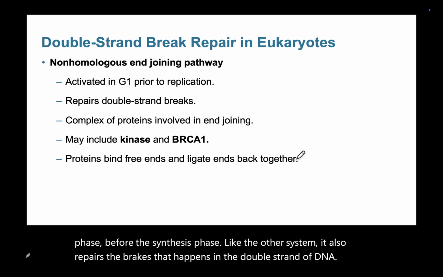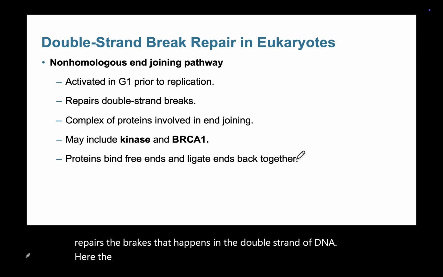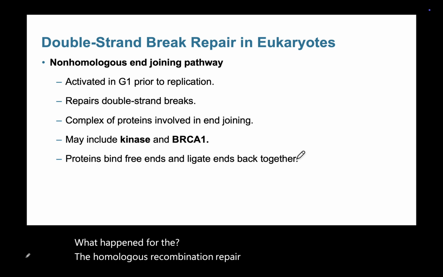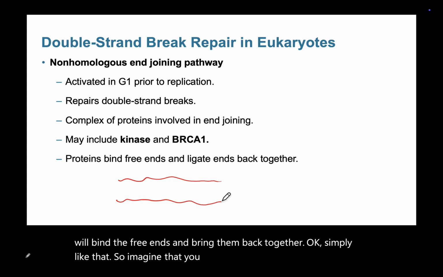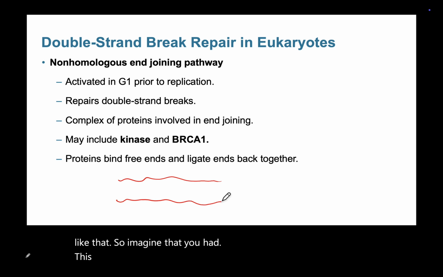Here, the proteins very simply, much more simple than what happened for the homologous recombination repair pathway. Here, the proteins will bind the free ends and bring them back together. Okay? Simply like that. So imagine that you had this double-strand DNA that was broken. Okay?